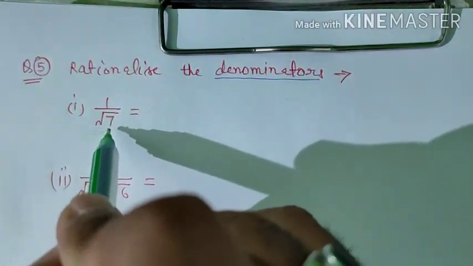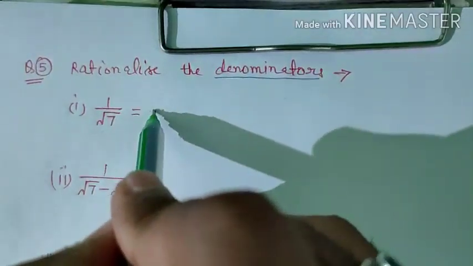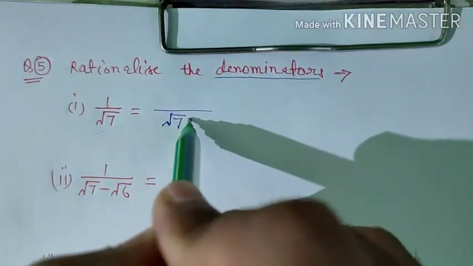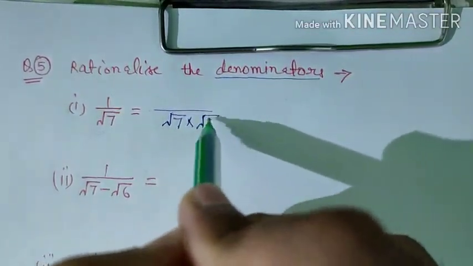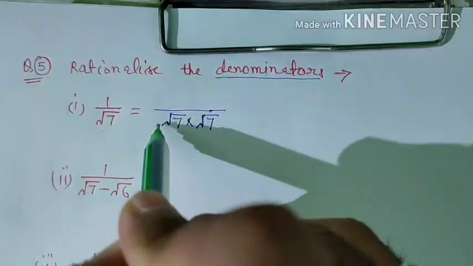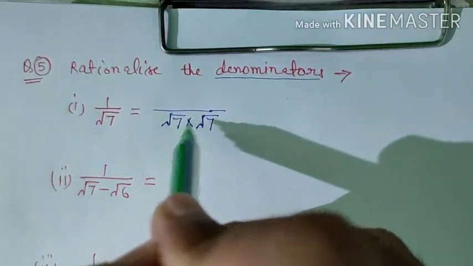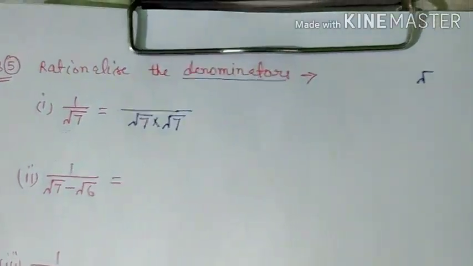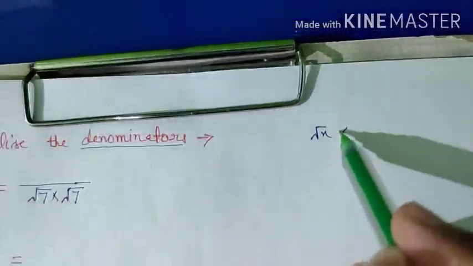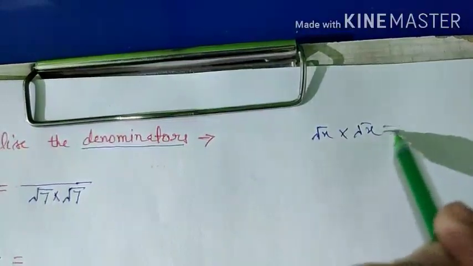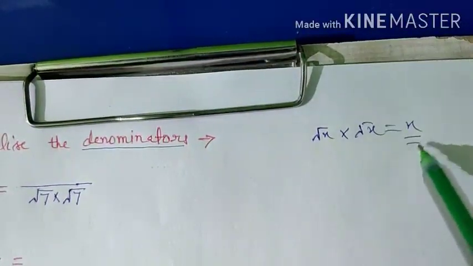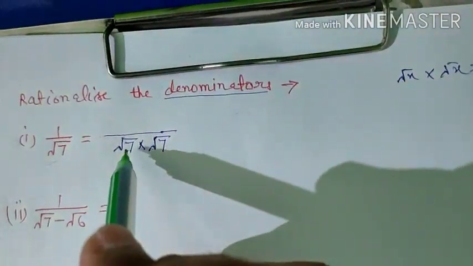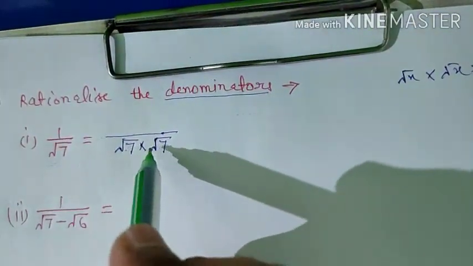As you can see, it is not rational, so to make it rational, the rule says multiply a similar number to the irrational number. Root x into root x will give you x, which is a rational number. So a similar property we are applying here, root 7 into root 7 in the denominator.